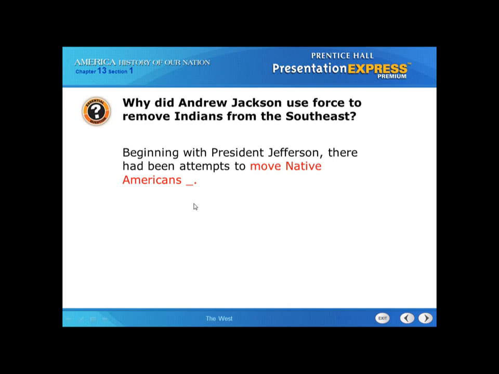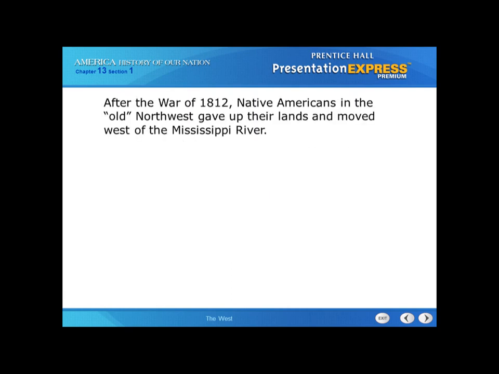Jefferson hoped Native Americans would move voluntarily. So again, Jefferson was in the hope that Native Americans would just move along voluntarily without any great commotion. After the War of 1812, Native Americans in the Old Northwest gave up their lands and moved west of the Mississippi River.